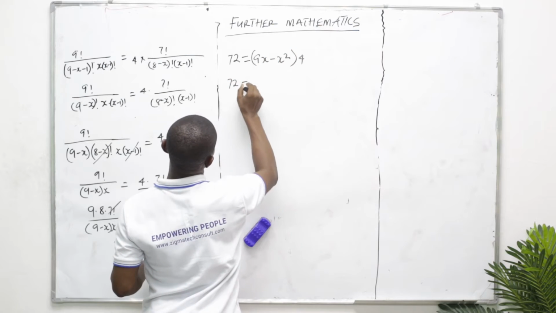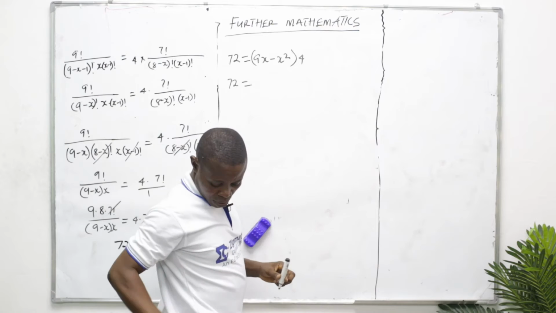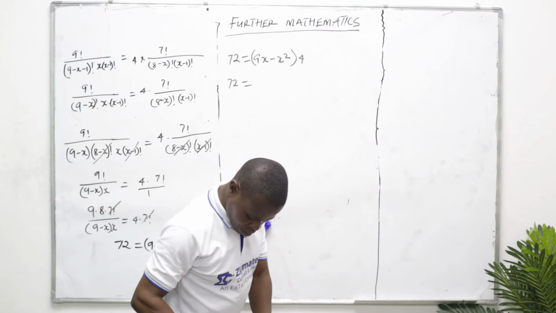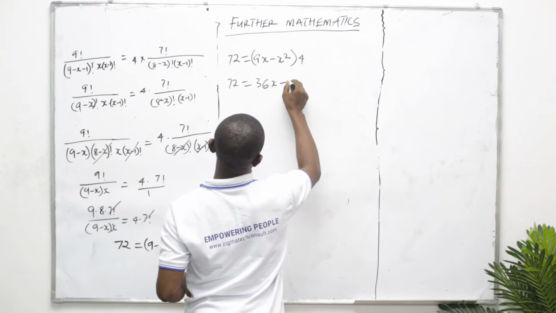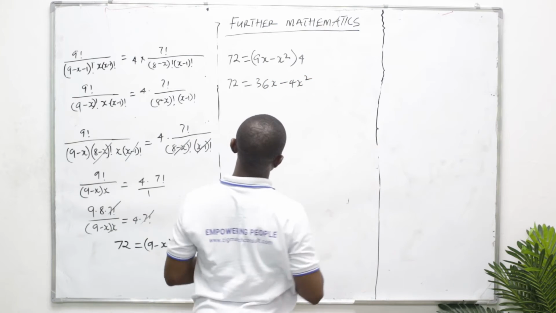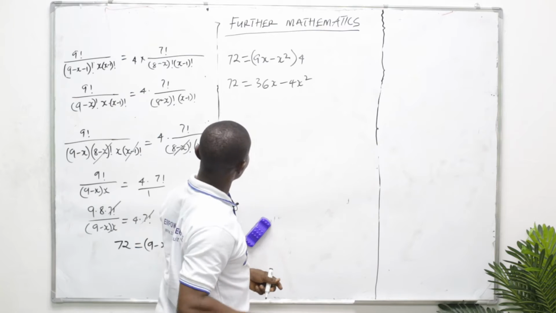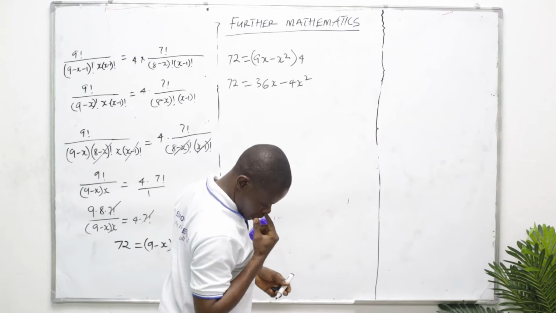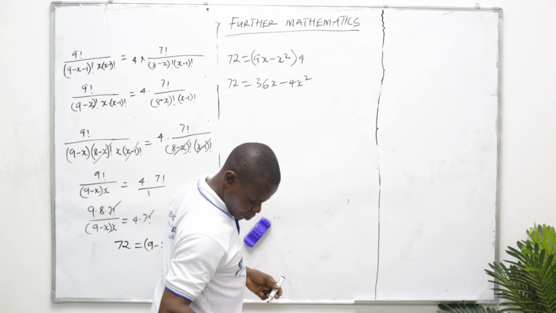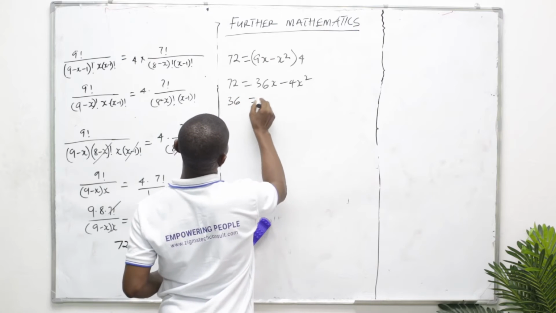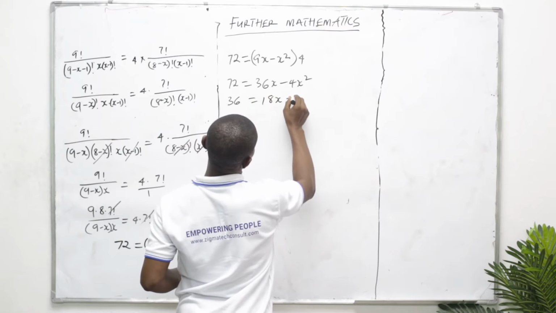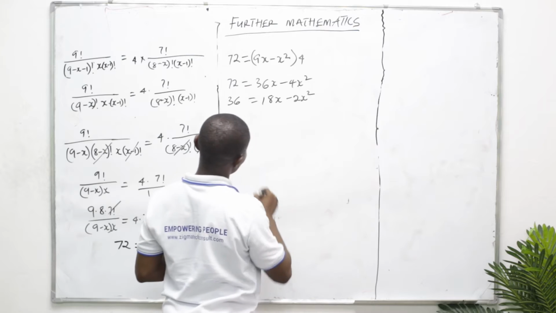So 72 equals, nice, 36s minus 4s squared. Let's break this thing down. This is 36, 18. Break it down again.